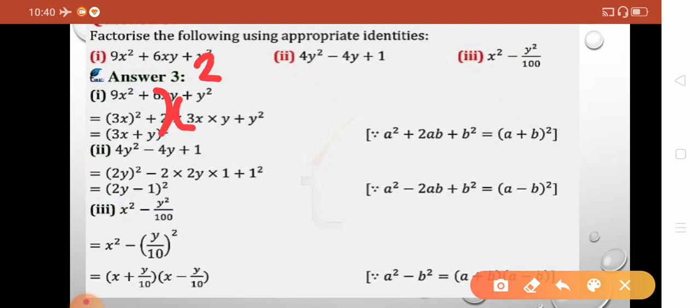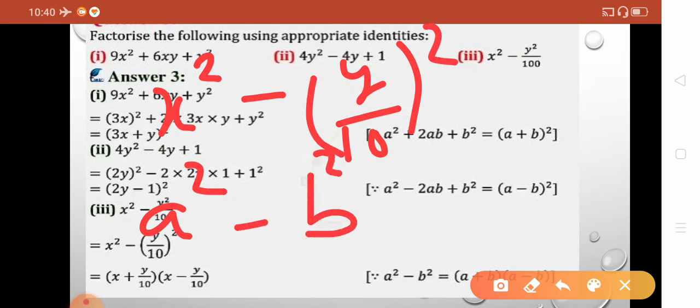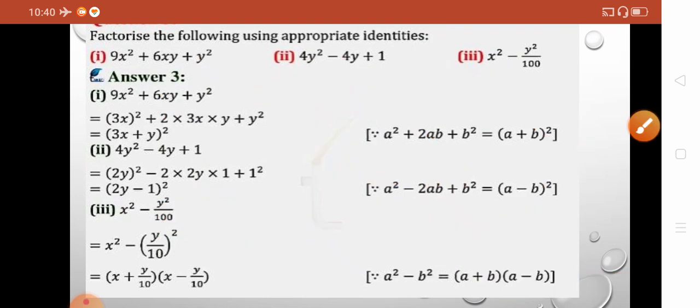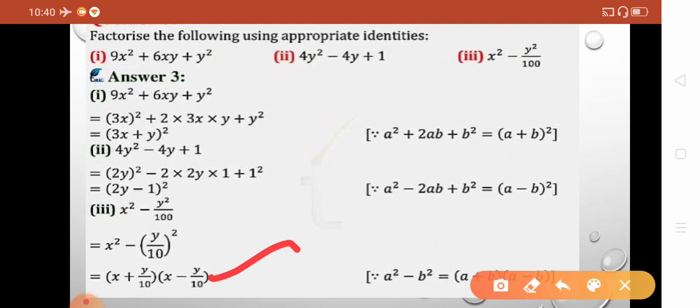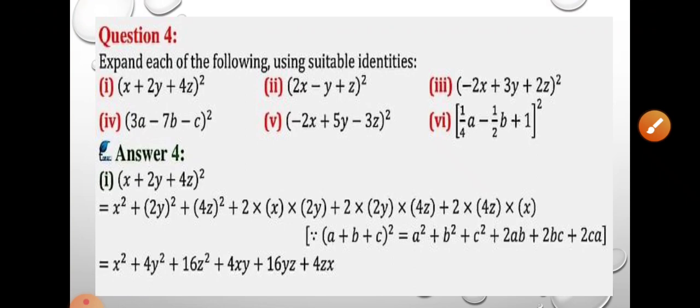This is your x², that means a², minus (y/10)², that means b². So you will write it as (a + b)(a - b). That means (x + y/10)(x - y/10). Clear? Let us move to the next.